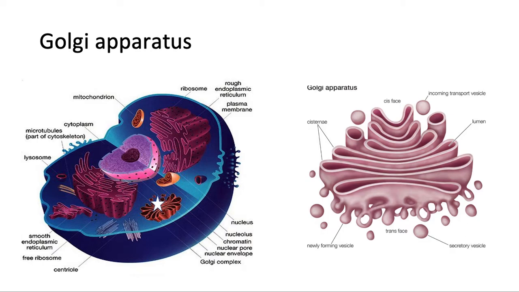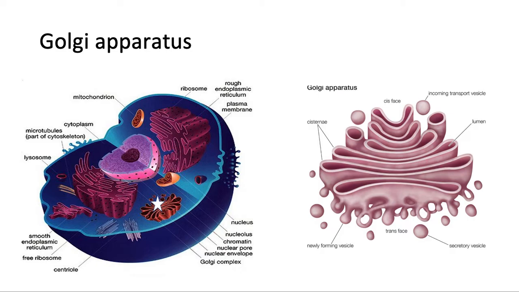The Golgi apparatus is another component of the cell. It is a membrane-bound organelle. It is responsible for packaging proteins into vesicles prior to secretion, and therefore the Golgi apparatus plays a key role in the secretory pathway.